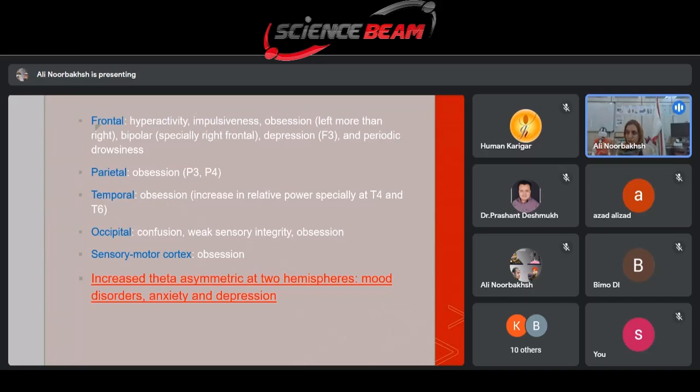And if it increases on the sensory motor cortex, it's related to obsession again. Increased theta is important. Increased theta asymmetry between the two hemispheres is related to mood disorder, anxiety, and depression again.